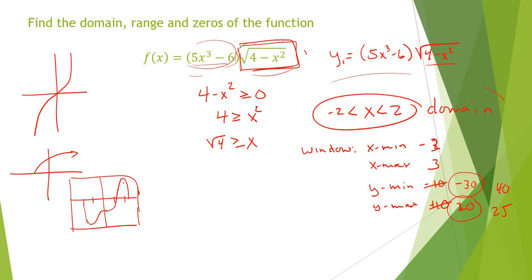My range, I need a min and a max. So using your calculator and your second calc menu, find the minimum on the left and then the maximum. Pause the video and come on back when you have those values. Okay, so the minimum takes place at a point down here that is at -1.67703, comma -32.23849.